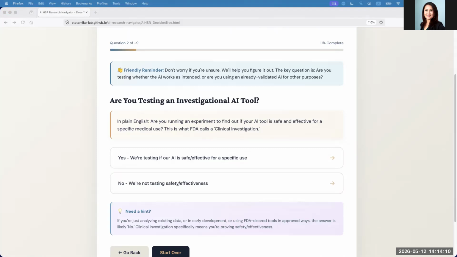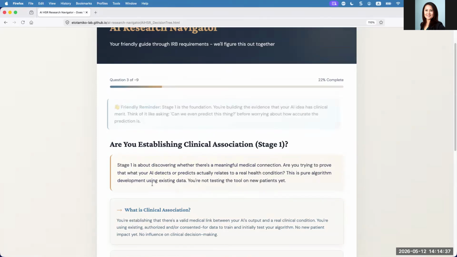So it's asking, are we proving the AI works or are we using an already validated tool? In our case, we're validating the performance retrospectively, and we're not yet testing it on new patients prospectively for that safety and effectiveness. So here we are going to click no. We are not testing safety and effectiveness yet.